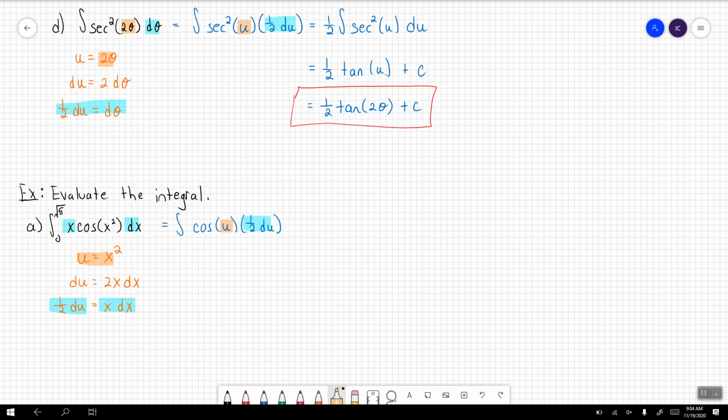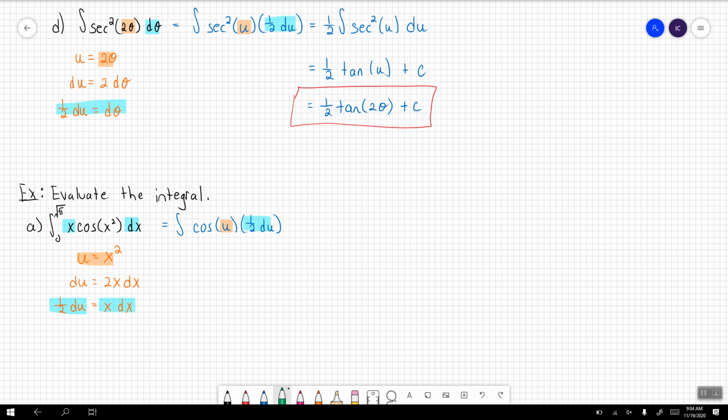Now, notice I didn't write my limits of integration. And I'm not writing my limits of integration at this time because we need to identify what they are. Since we changed variables, we must change the limits of integration that we have to work with.